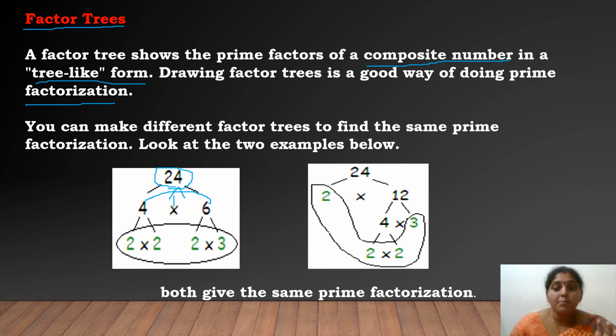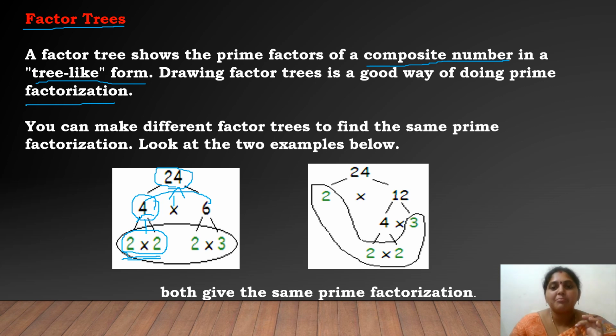Now, I want prime numbers only as my prime factorization, right? So now what I have done here, I have taken my 4. I have divided it again with the tables of prime numbers. So 4 can be divided into the prime numbers 2 into 2. 2 into 2, if we multiply, what will we get as the answer? It is 4. So I got my prime numbers for 4.